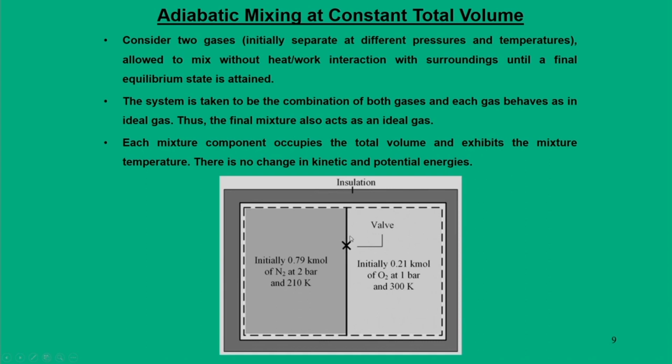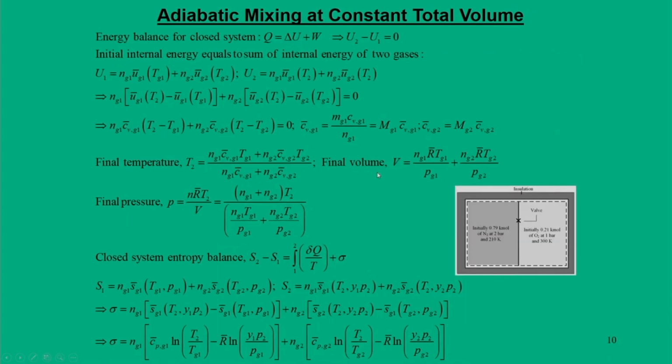That means after the partition is opened, each mixture component occupies the total volume and exhibits the mixture temperature, a common uniform temperature. There is no change in the kinetic and potential energy. Having said this, we are going to analyze this particular case with energy balance and entropy balance equations.